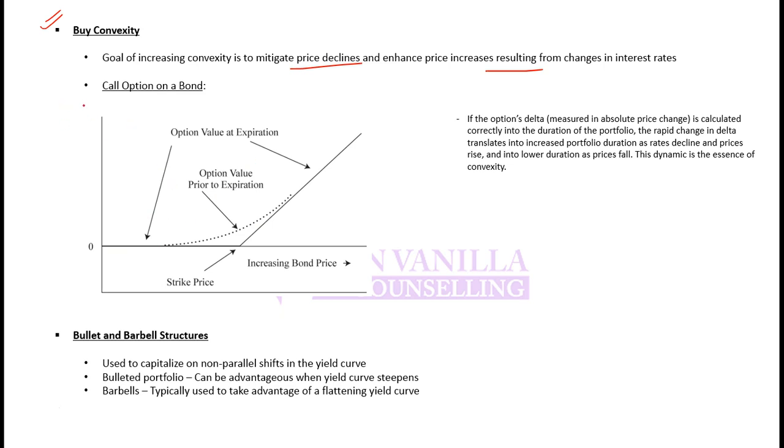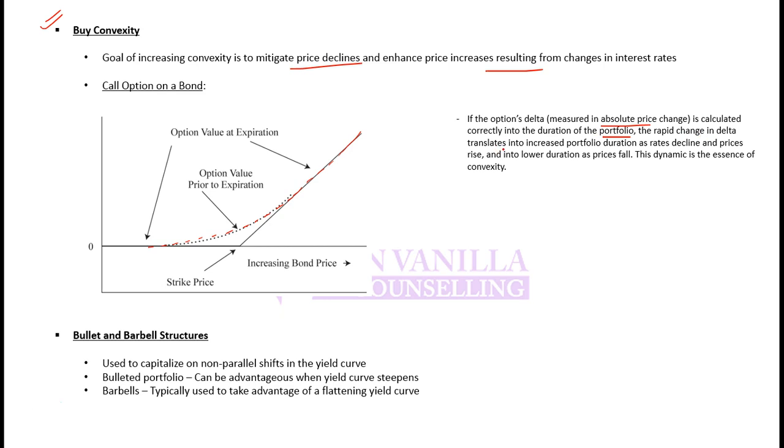You have a call option with a bond, and this is your option value. If the option's delta is calculated correctly into the duration, what is the delta? Delta is the change in price, measured in absolute price change, calculated correctly into the duration of the portfolio.